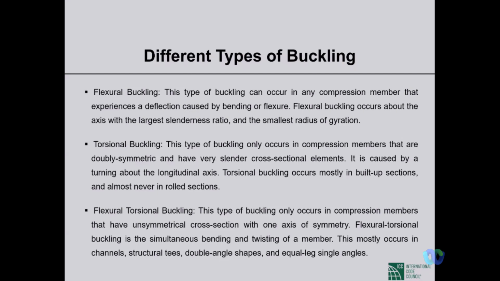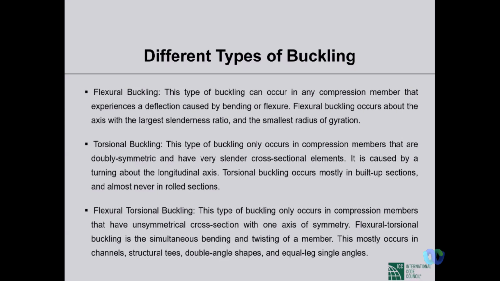Flexural torsional buckling. This type of buckling only occurs in compression members that have an unsymmetric cross-section with one axis of symmetry. So in that case, flexural torsional buckling is the simultaneous bending and twisting of a member. This mostly occurs in channels, structural Ts, double angle shapes, and single angles.